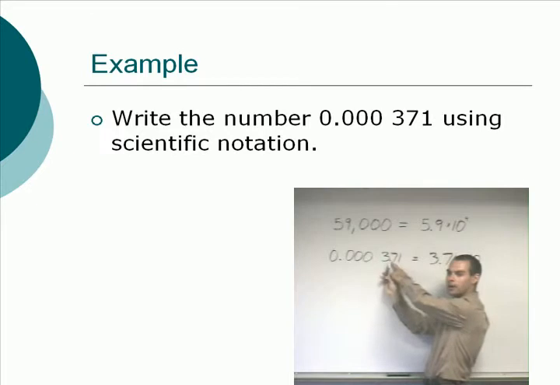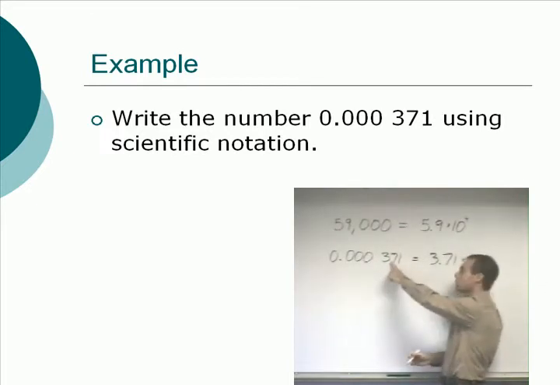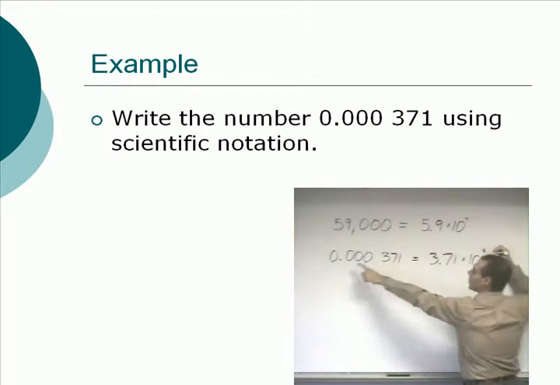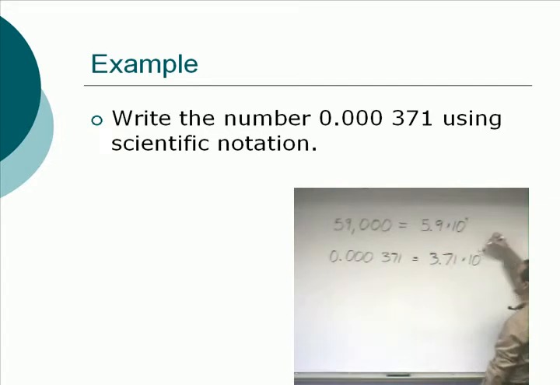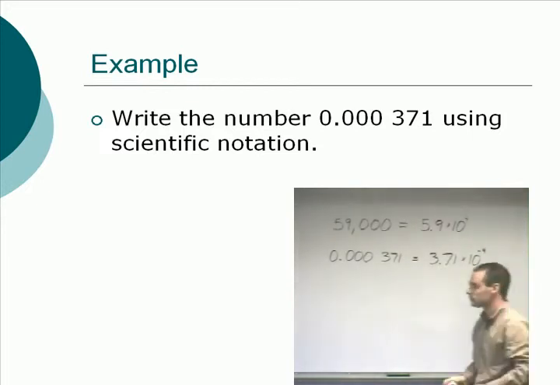No, you're actually multiplying it by 10 to the negative 1, or 0.1. So what we have to represent up here is the fact that we moved it 4 places, but since it's actually a very small number, we make that exponent negative. 3.71 times 0.1 to the 4th power would give us that original value.